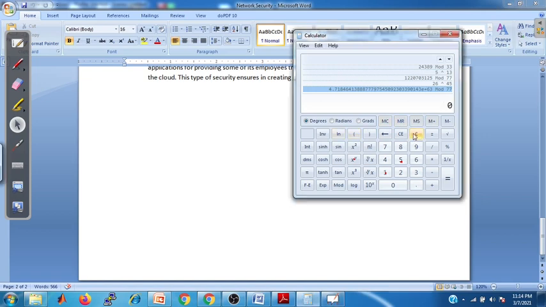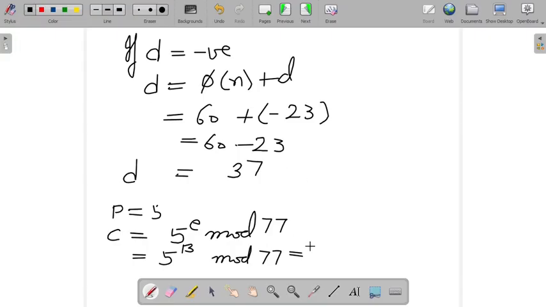Take 5 to the power 13 mod 77, and we get 26. So it means 26 will float in the network.